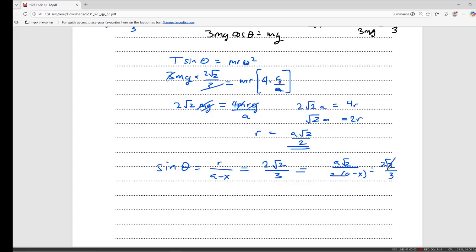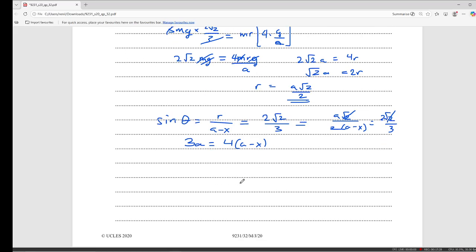Now I'm going to cancel out this root 2 over here and here, and we can cross multiply. We get 3a equals 4 times (a minus x). Expanding the brackets, we get 4a minus 4x equals 3a, and now rearranging it, we get 4x equals a. So that means x equals 1 by 4 a.